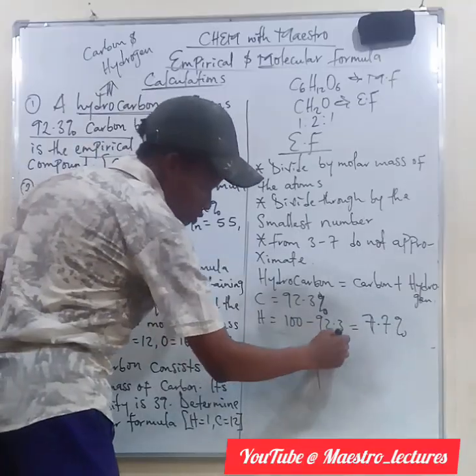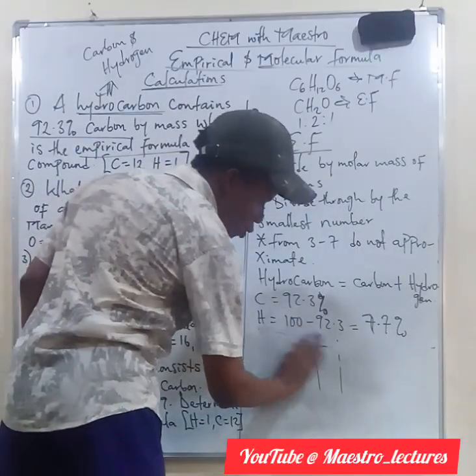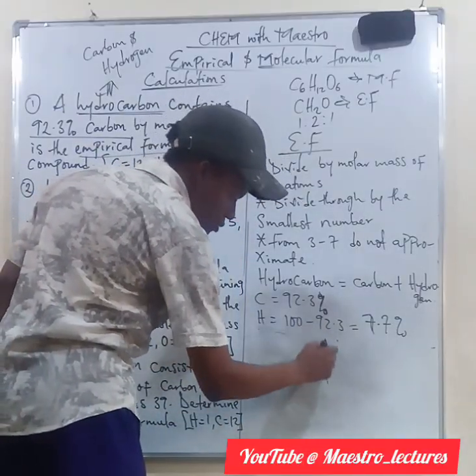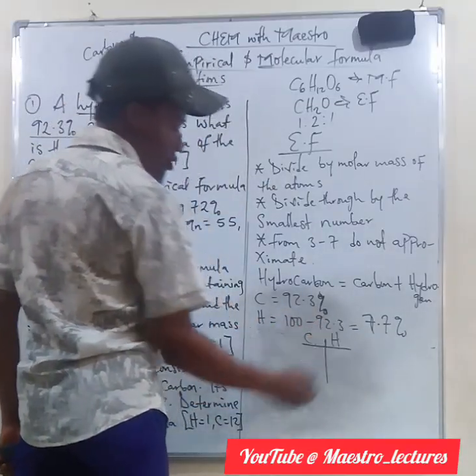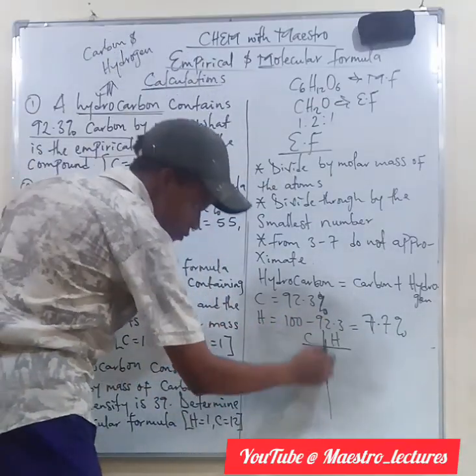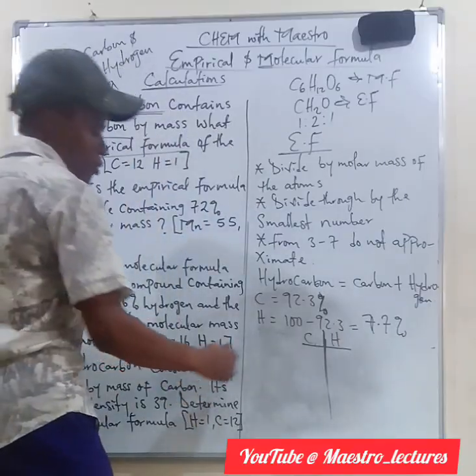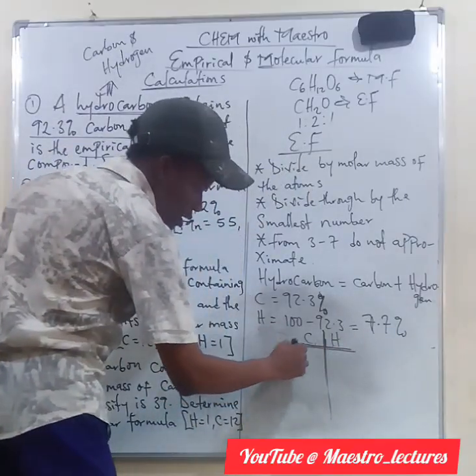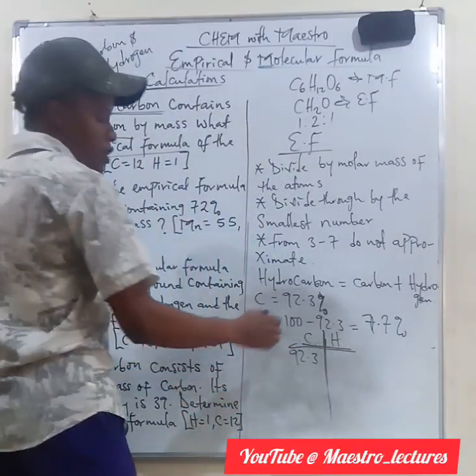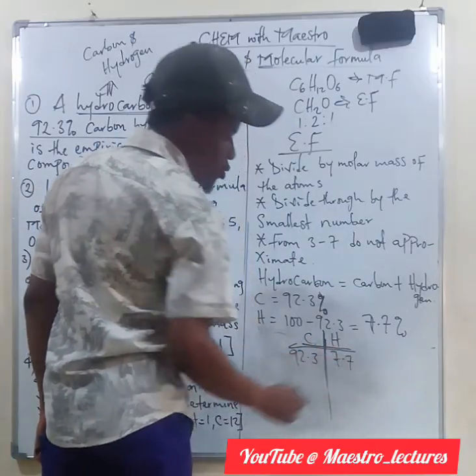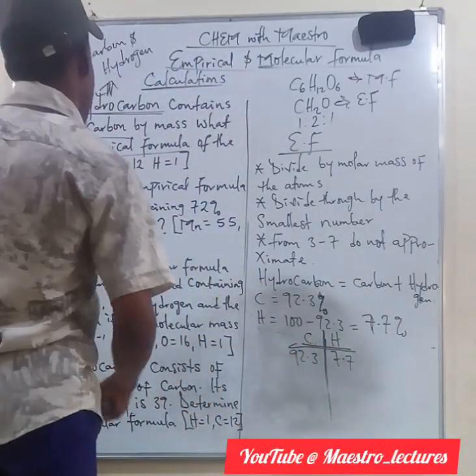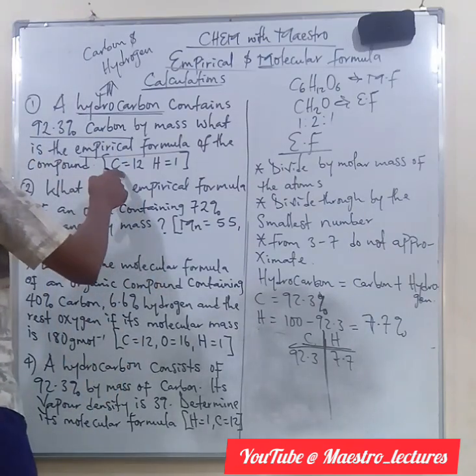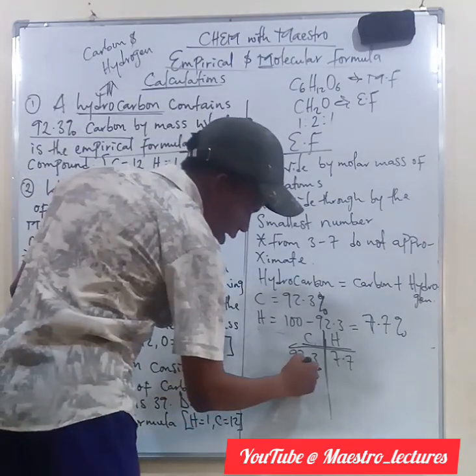So I will draw a table like this. On one side you write carbon and on the other side you write hydrogen. The percentage of carbon is 92.3. That of hydrogen is 7.7. So first thing first, you divide by their molar masses. What is the molar mass for carbon? 12. So divide by 12.